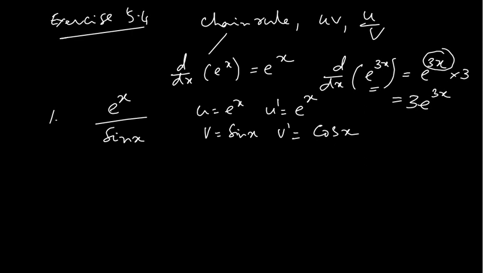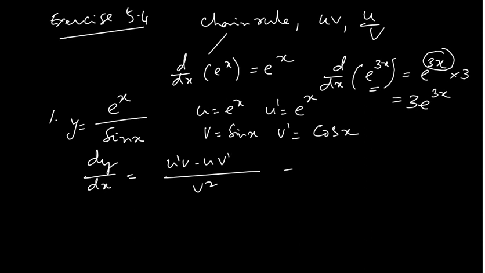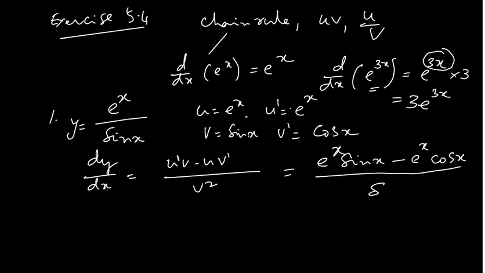So let y be equal to this, dy by dx equals u dash v minus u v dash, divided by v squared. So u dash v is e power x sine x, minus u v dash, e power x cos x, divided by v squared, v is sine x, so sine squared x.